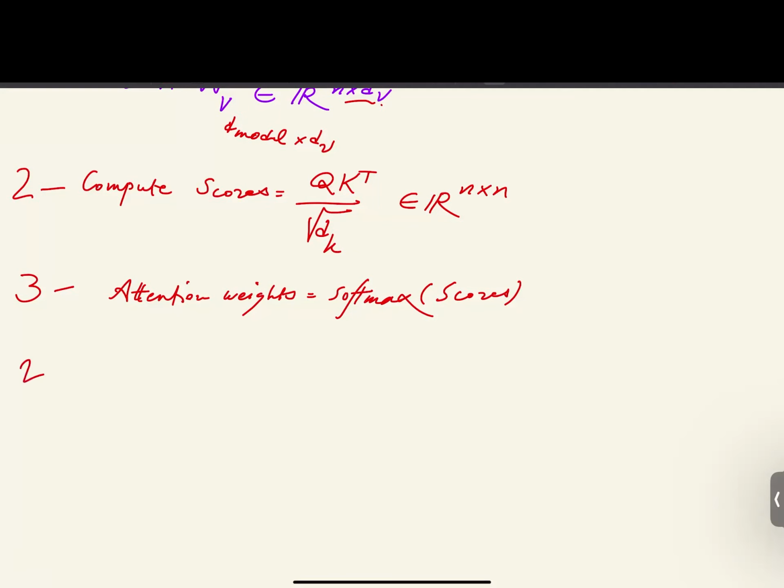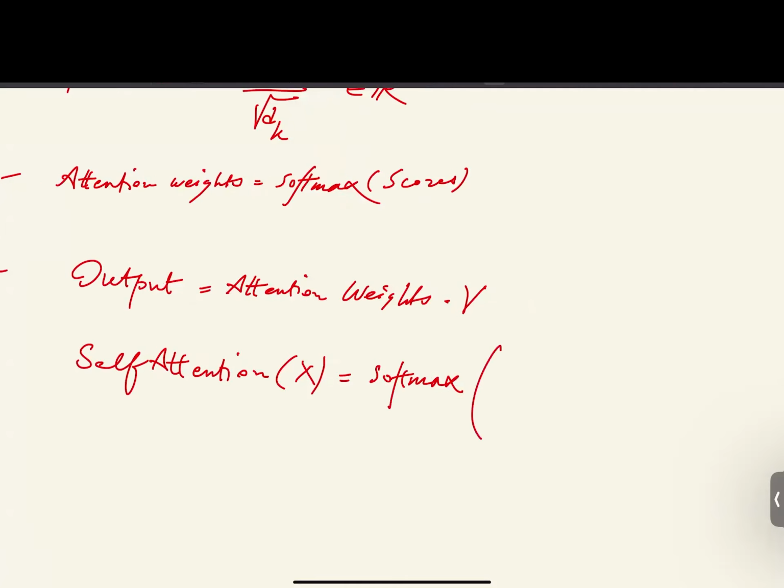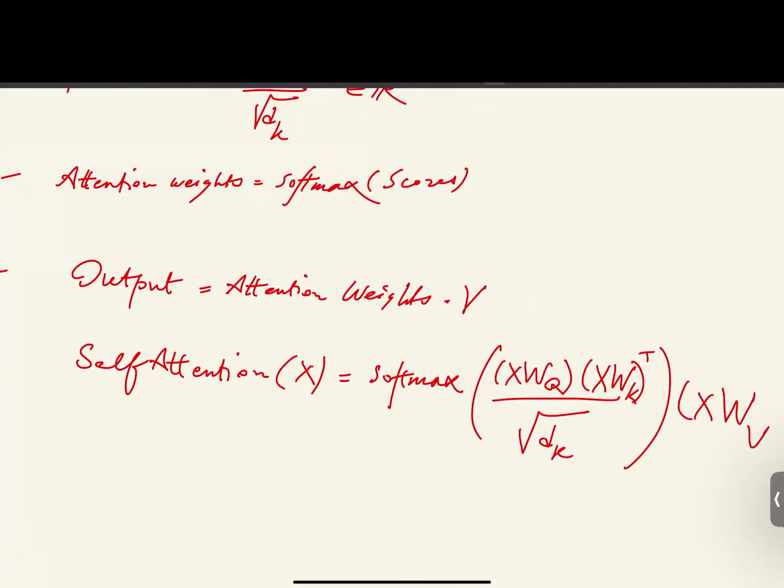And that basically lets us do the weighted combination of all of these values, or the output that we are looking for, which is attention weights multiplied by V. So given that, what's the self-attention of X? It's basically softmax of the dot product of XW_Q and XW_K, here we have a transpose, and then XW_V.